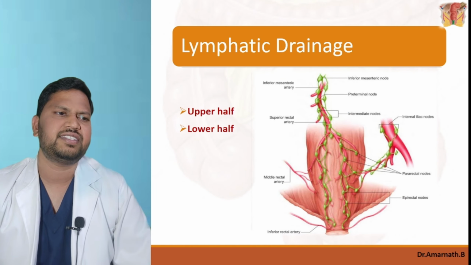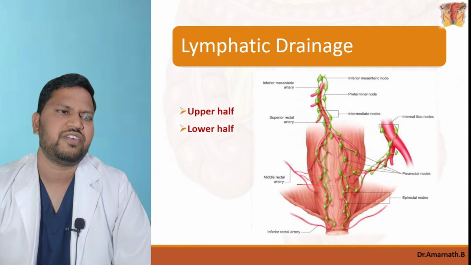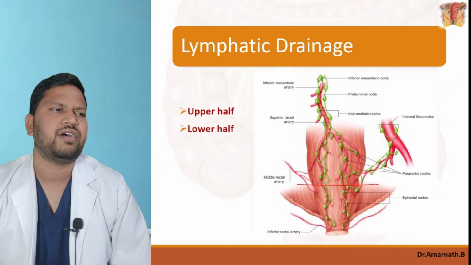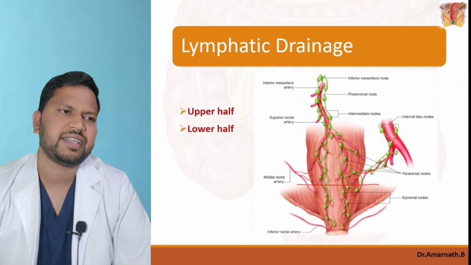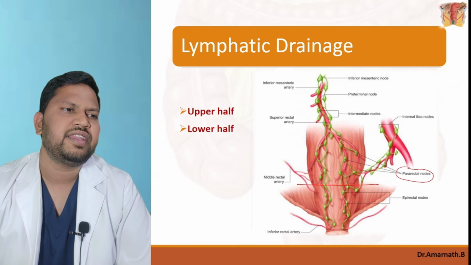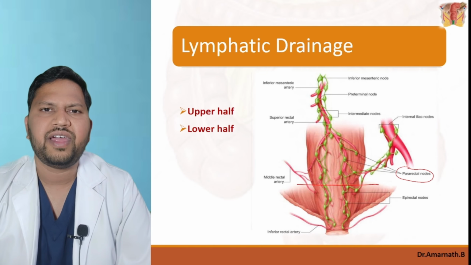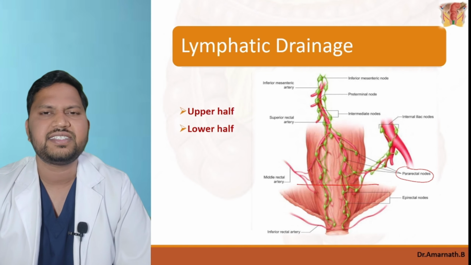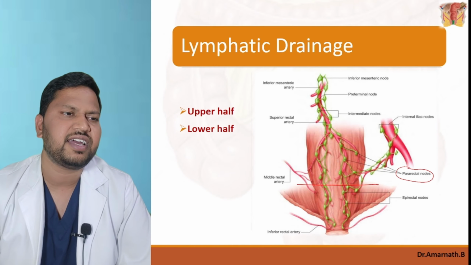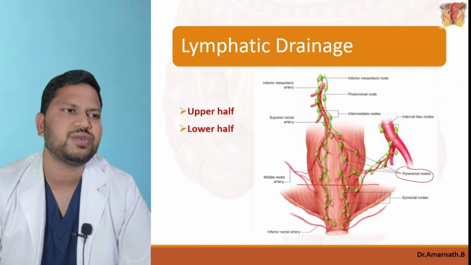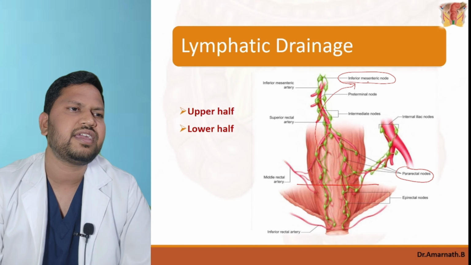So, lymphatic drainage. If the rectum is divided into half, the upper half and lower half, the upper half of the rectum drains into the pararectal lymph nodes. Along with the artery and vein, there are many lymphatic ducts which connect with each other and form the pararectal lymph nodes, which drain into the inferior mesenteric lymph nodes.